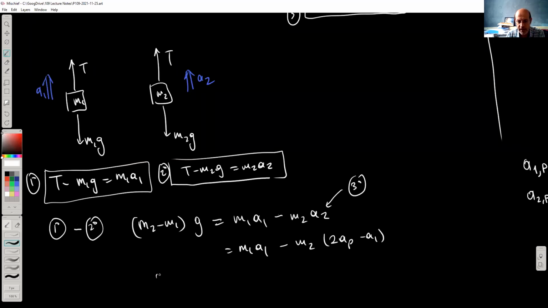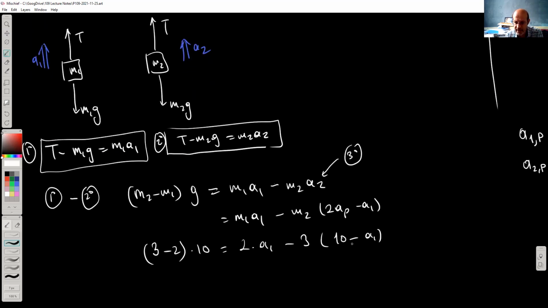So the masses were 3 and 2. Gravity is 10. Mass 1 is 2, so that's 2A1. Mass 2 is 3. So that's 10. And then we have A1 here, which means on the right-hand side, I get 5A1 minus 30.